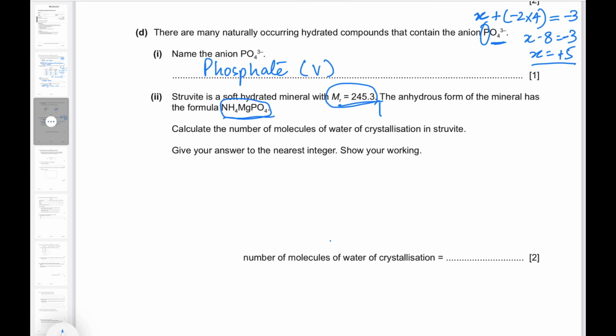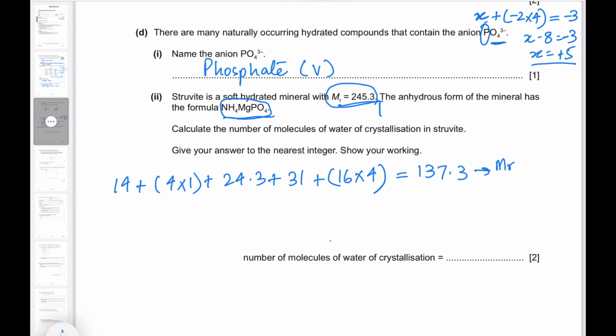You would add up the masses of all of the elements, starting with nitrogen. That would be 14 plus hydrogen is 4 multiplied by 1. Magnesium is 24.3 plus 31 for phosphorus, and then 16 for oxygen multiplied by 4 of the atoms, which is 137.3.